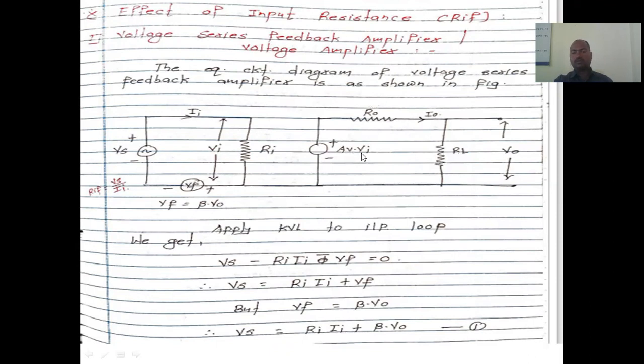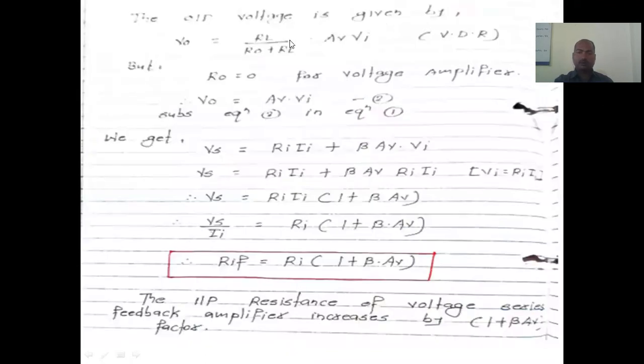So V0 is equal to RL divided by R0 plus RL into AV into Vi.